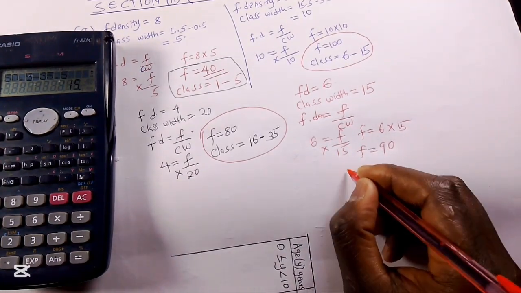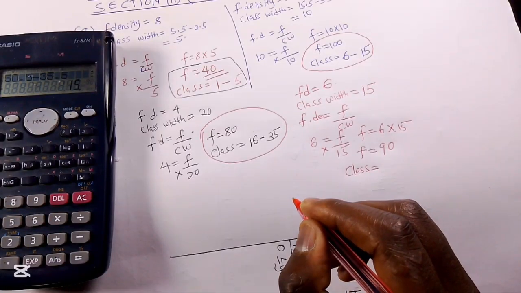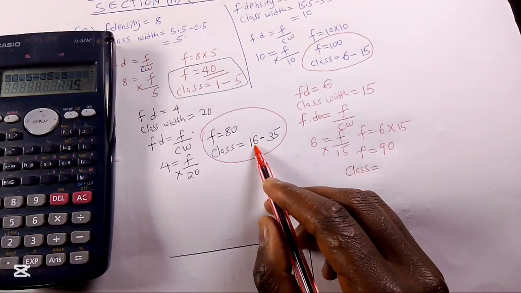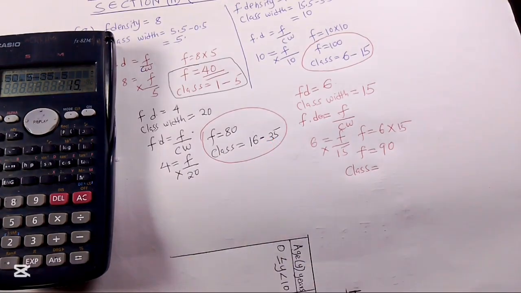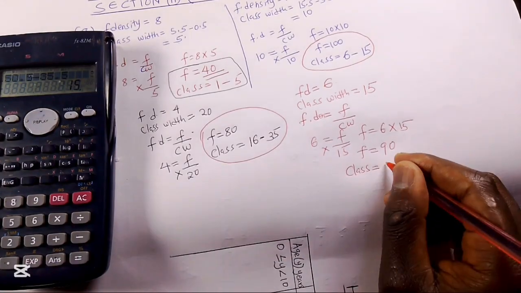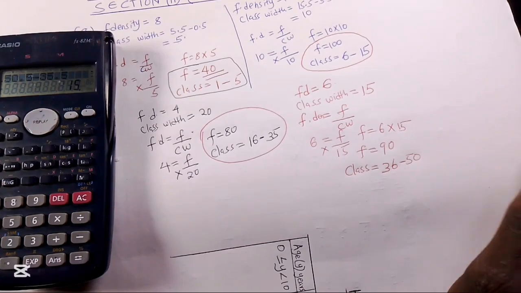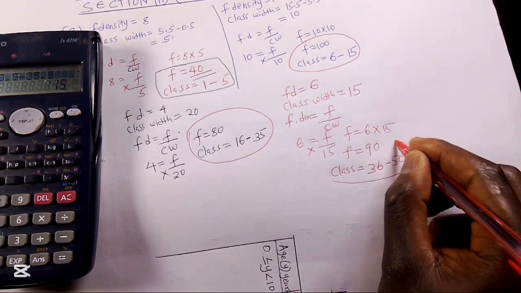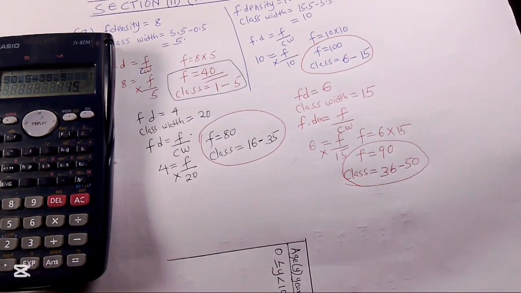So 15 times 6 being equal to 90, our class will start from 36, since 35.5 is the lower boundary of 36, to 50. That will be our last class and our last frequency.